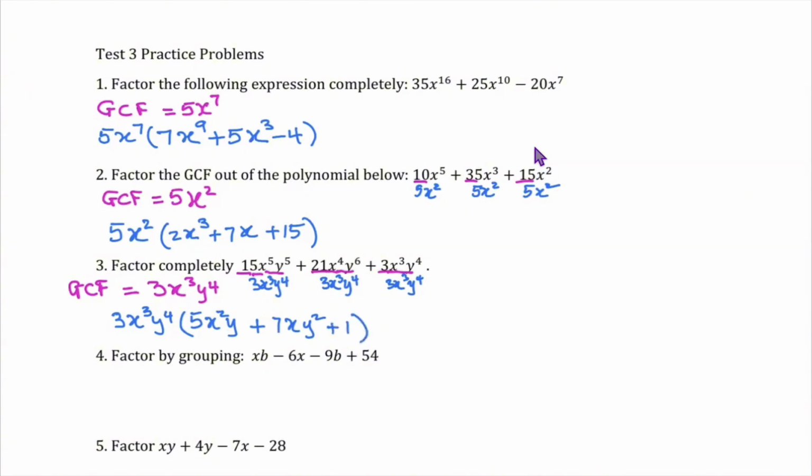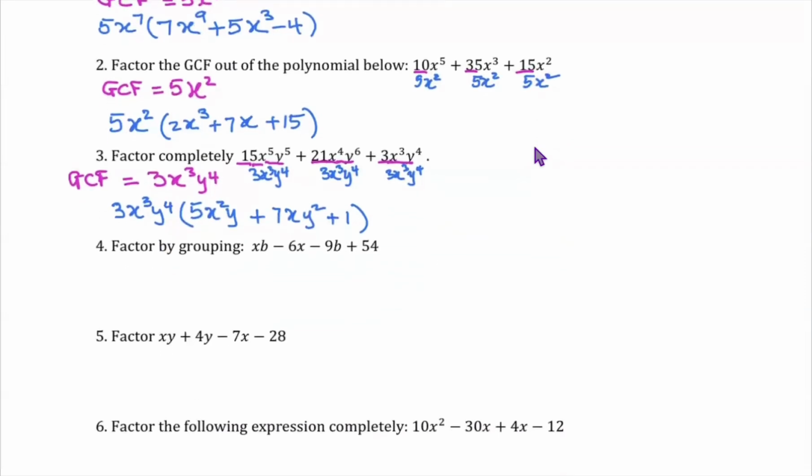All right. And then next, we have this to factor by grouping. So we're going to group the first two terms together and the last two terms together. The beginning of the second group is a negative number, so I'm going to factor the negative out with the GCF. But first, let's find the GCF of each group. What is common for the first group will be the GCF of that group.